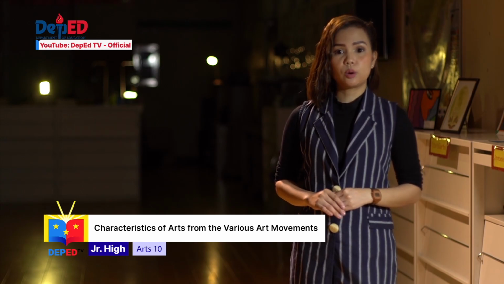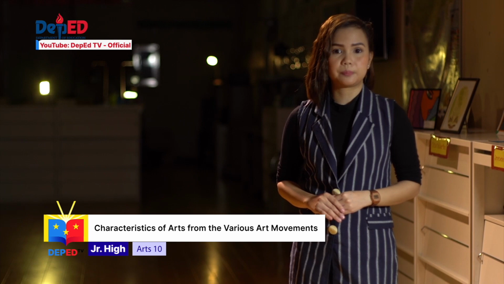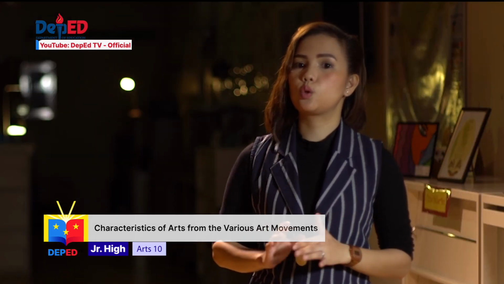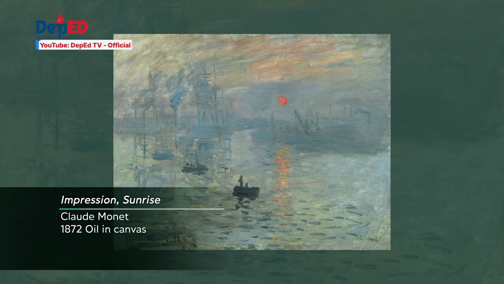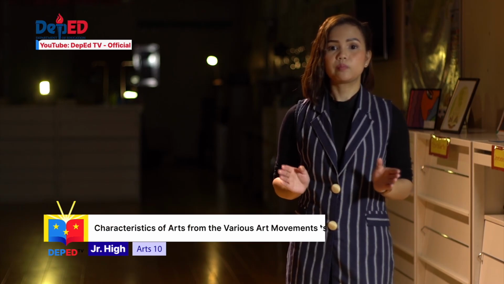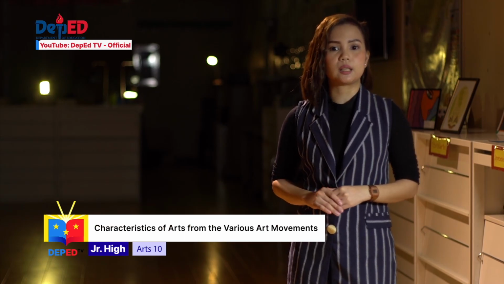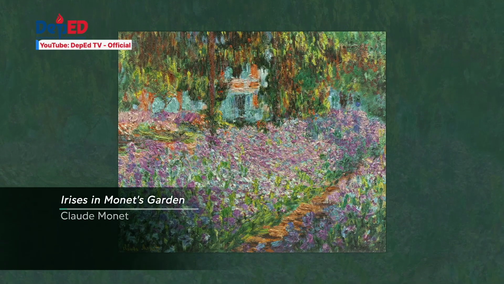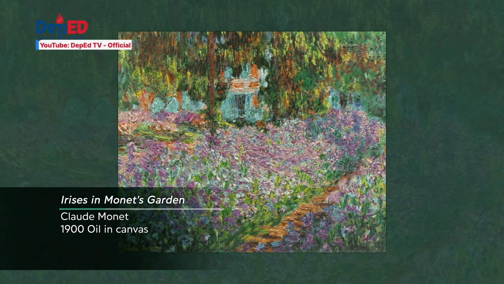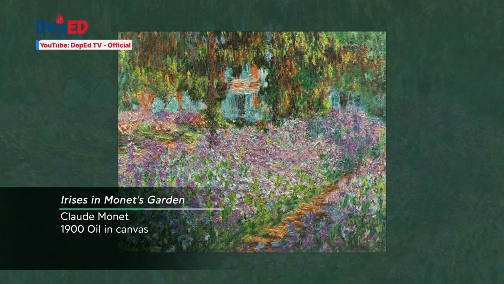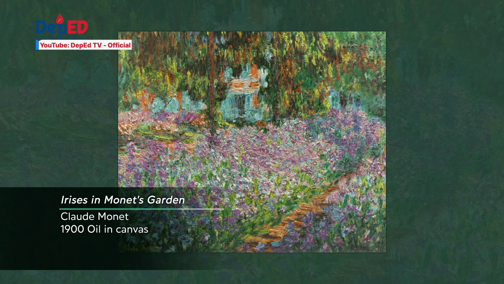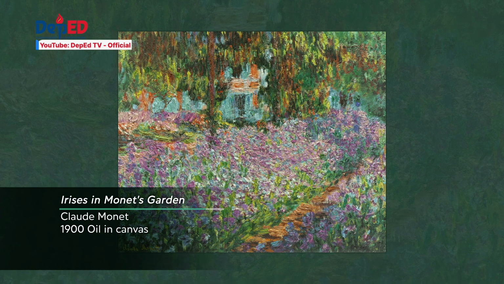Monet is best known for his landscape paintings. The term Impressionism was coined from his artwork entitled Impression, Sunrise. Aside from this, he also used Impressionism in this artwork entitled Irises in Monet's Garden, which he created in the 1900s using oil paint.